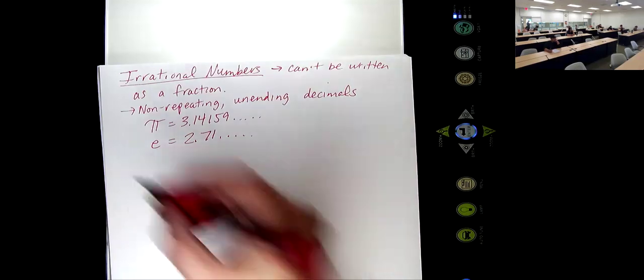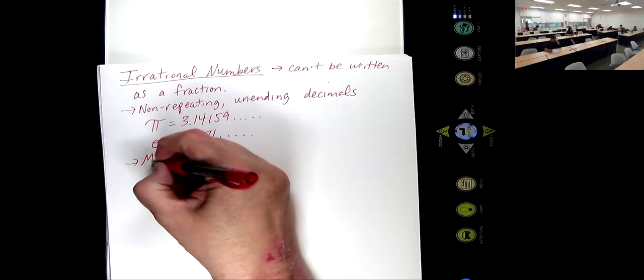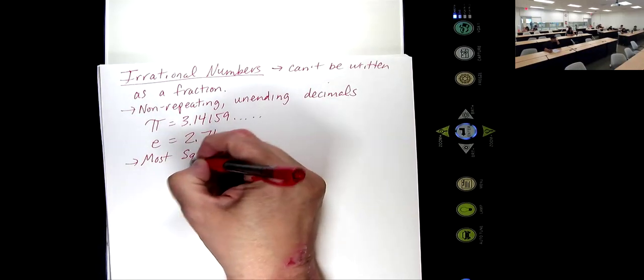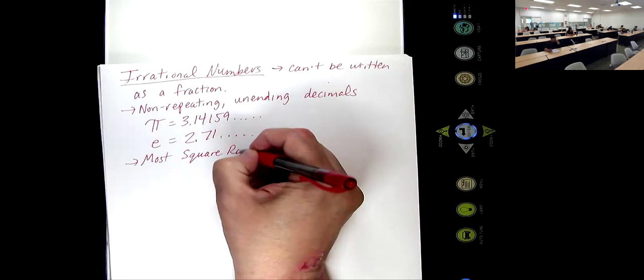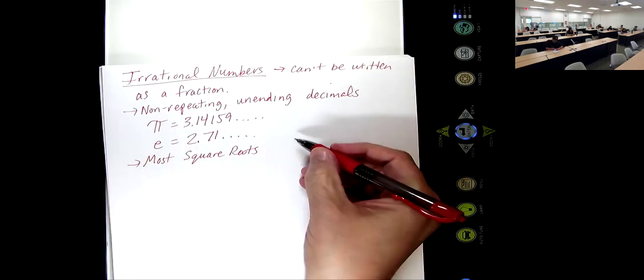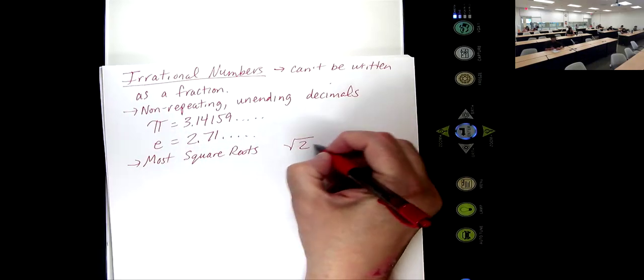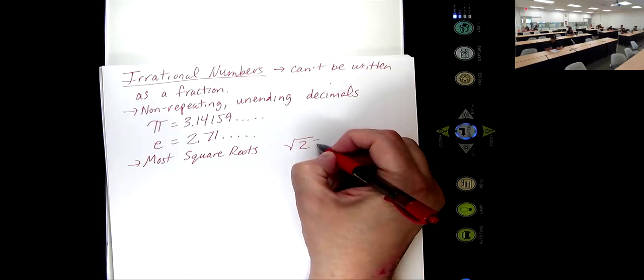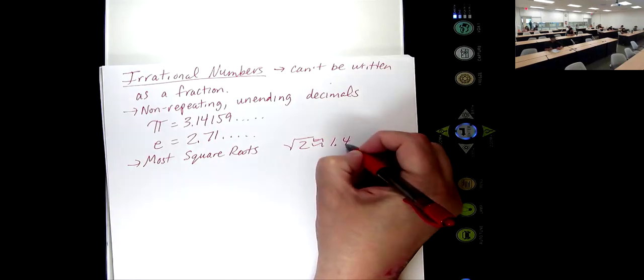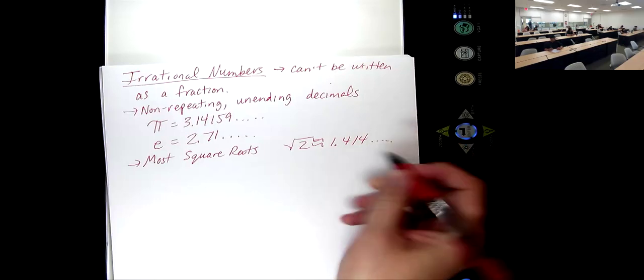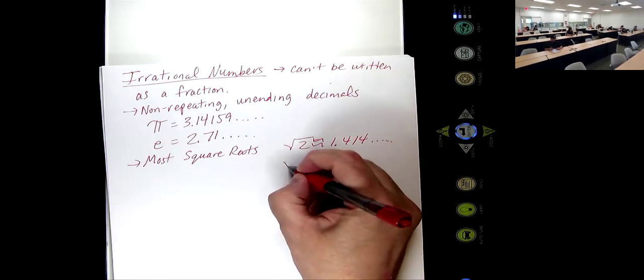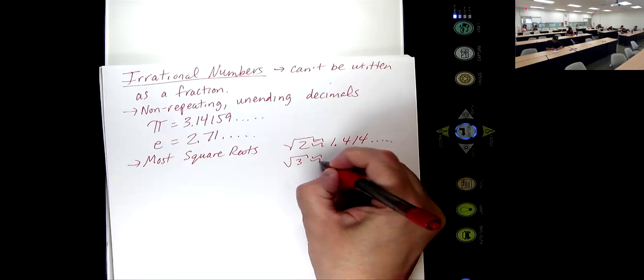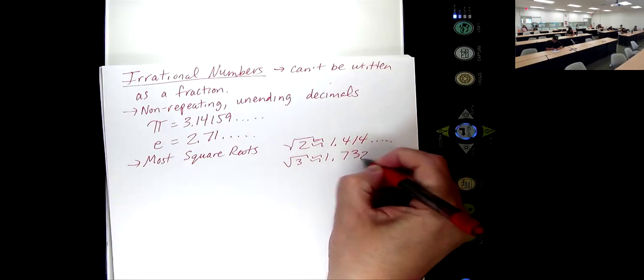It's also most square roots. Like the square root of 2 is 1.414 and it keeps going. Square root of 3 is 1.732 and it keeps going.